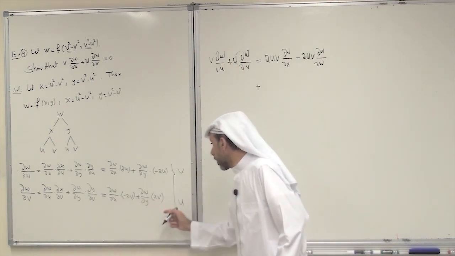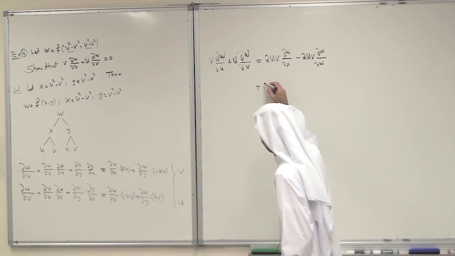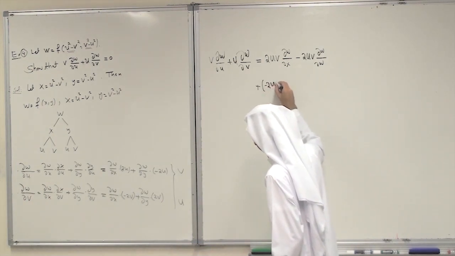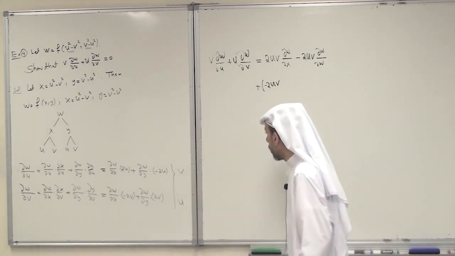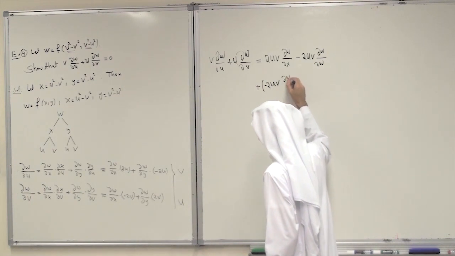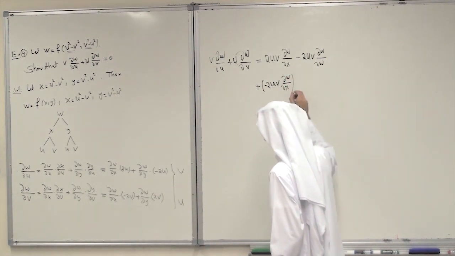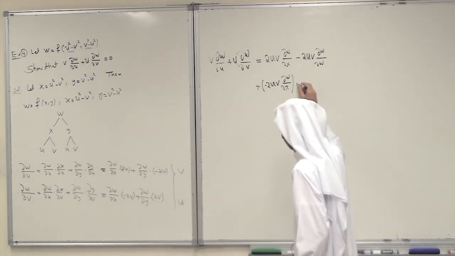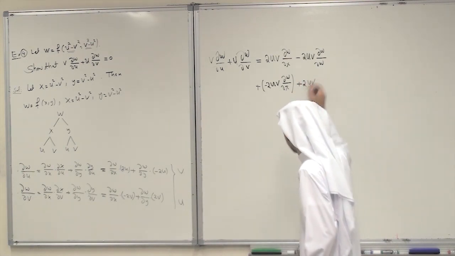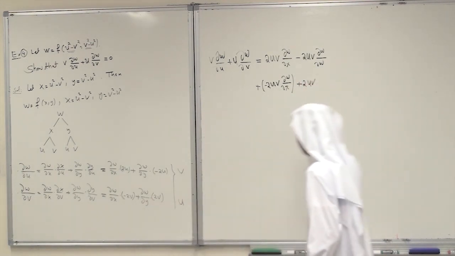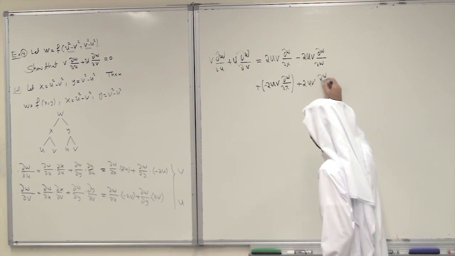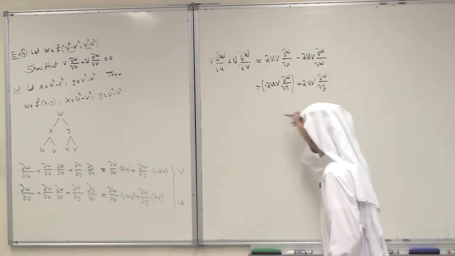Multiply it here. This becomes minus 2uv partial w, partial x, plus 2uv partial w, partial y.